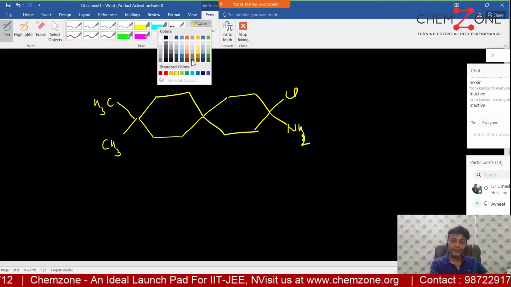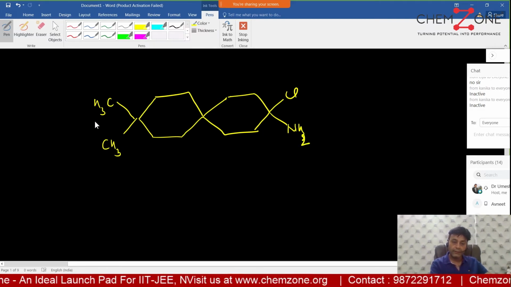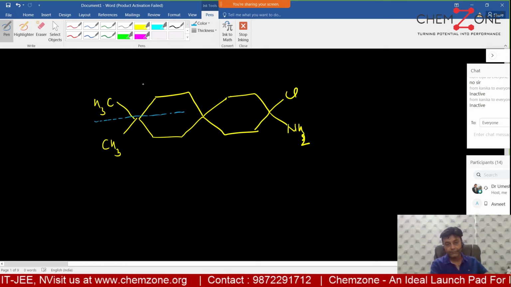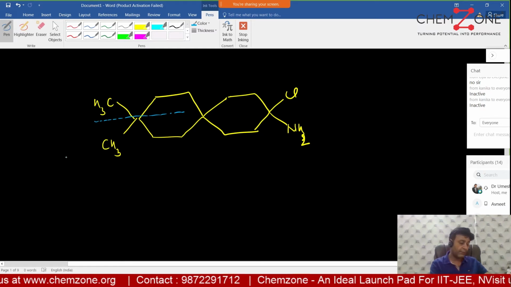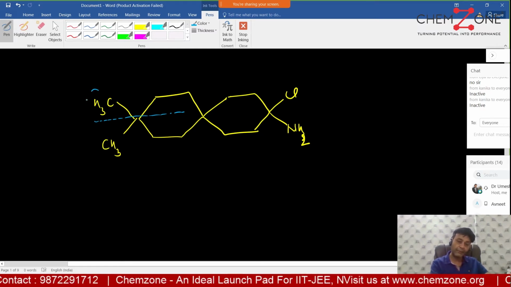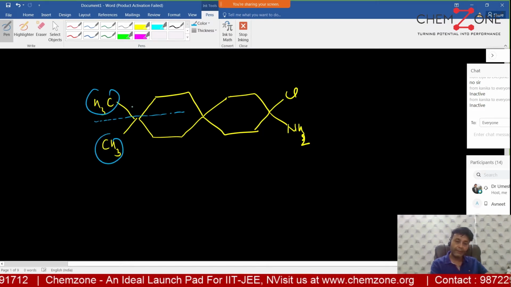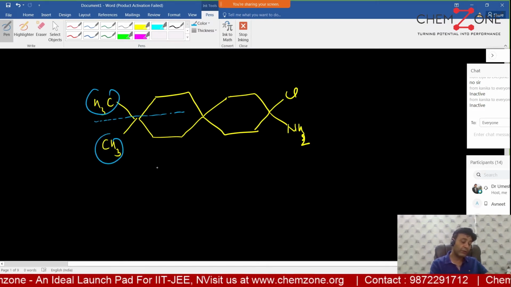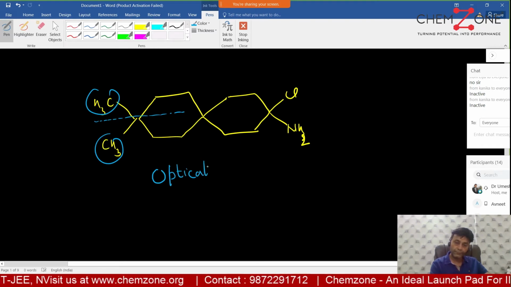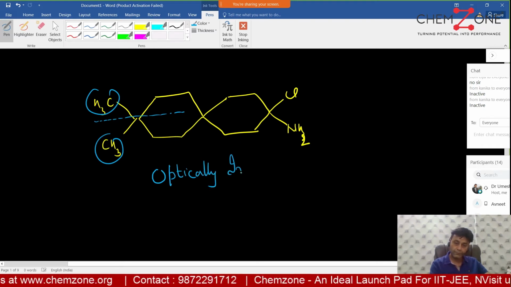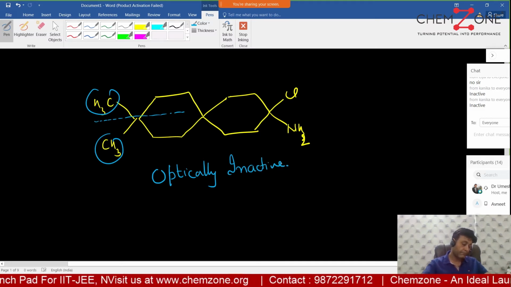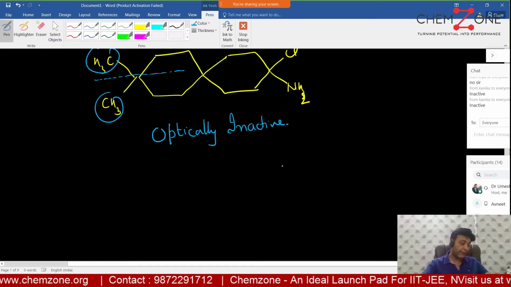And here we find along this axis, this part of the molecule is symmetric because two are the same on the same carbon atom, methyl and methyl, so it becomes symmetric. This is optically inactive. Is that clear? Take up another case now.